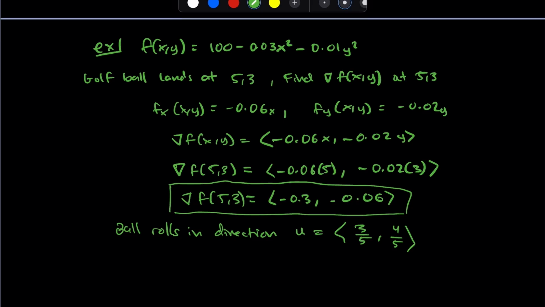Well, in this case, we need to use our directional derivative formula that we have above. So the directional derivative at (5, 3) is going to be equal to the gradient vector that we have dotted with the direction, the unit vector.